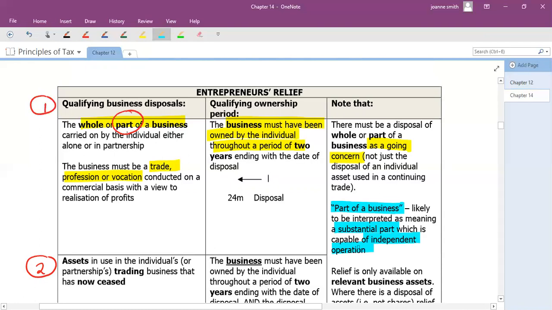So if I run a business of, let's say, tables and chairs, and I sell my tables and chairs, some of them to the same market, some I might just have a table market and just a chair market, and I decide to get rid of the chairs. So the table market will still carry on as normal, and that would be selling part of my business. So I can still carry on with the other side of the business even though I've sold part of it.